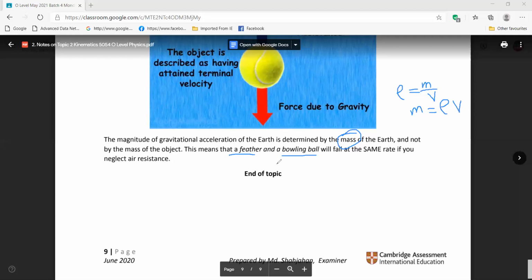That is Galileo's experiment. Inside the vacuum, they are dropping one feather and one steel ball, and those two fall in the same time and hit the ground at the same time. Is it clear? Yes, sir.